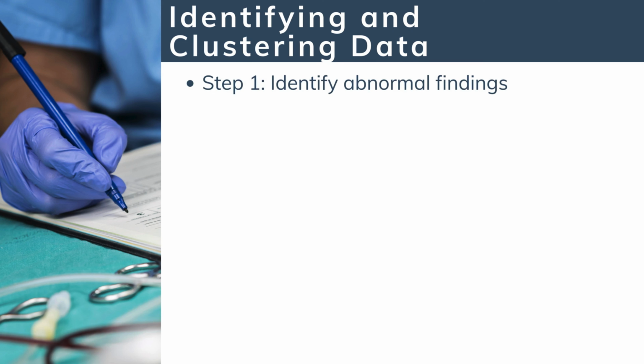Step 1. Identify abnormal findings. For example, a patient reports frequent forgetfulness, difficulty recalling names, and getting lost in familiar places. Step 2. Recognize client strengths.